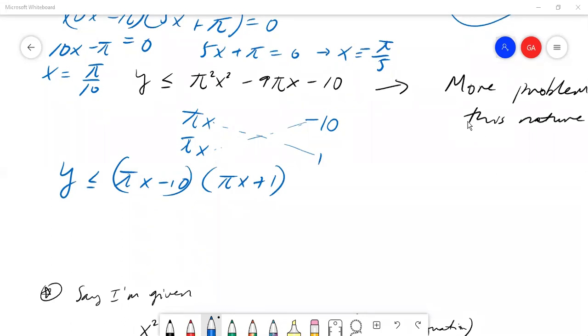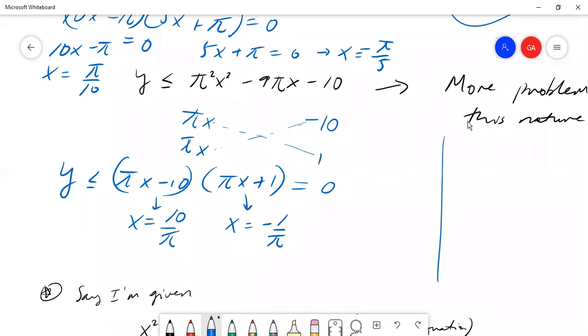If I set this equal to 0, I would have the x-intercepts 10 over pi and negative 1 over pi. Everyone agree? Okay, and so if I were to graph this, here's 10 over pi, and here's negative 1 over pi, and so the entire thing looks like this, and y has to be less than or equal to this graph.